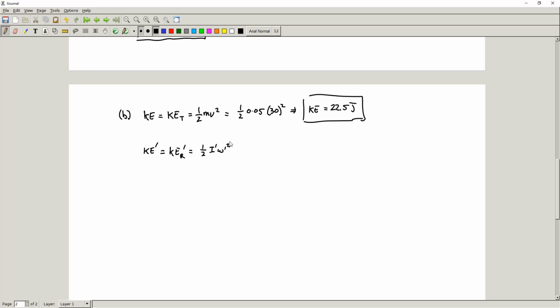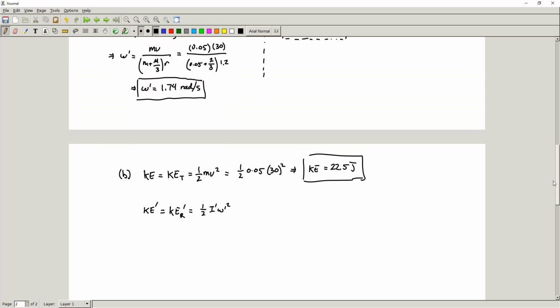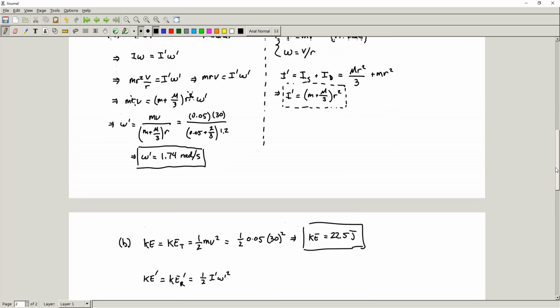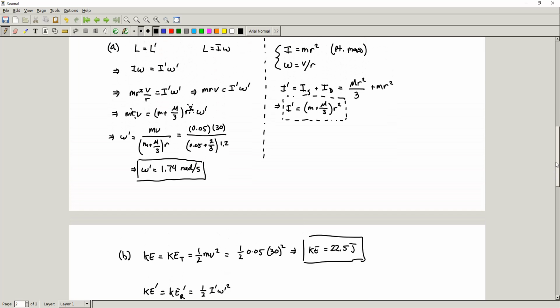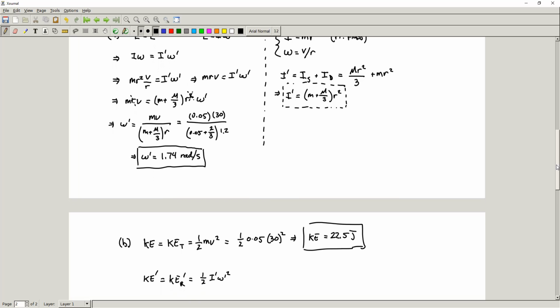So I prime being our moment of inertia of both of these objects together. That's the I after the collision, and then omega prime being our angular velocity after the collision. We just solved for what omega prime is, so we're going to make use of that, and we also have an expression for I prime up here, so we can substitute that in.